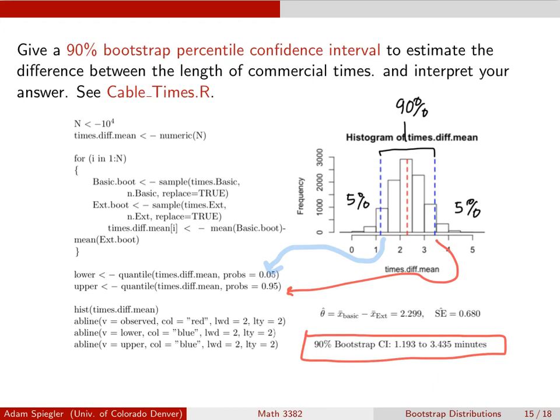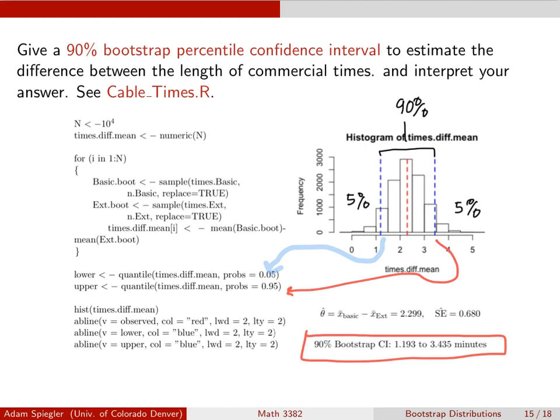So again, let me say this carefully. I'm going to attach the uncertainty to my interval. So I would say there's a 90% chance the interval from 1.193 to 3.435 minutes contains the actual difference in mean commercial times between basic cable channels and extended cable channels.